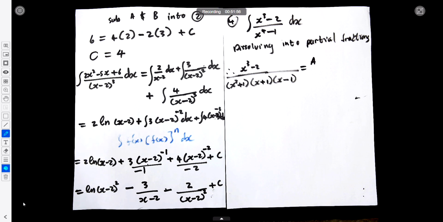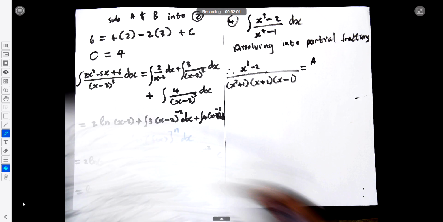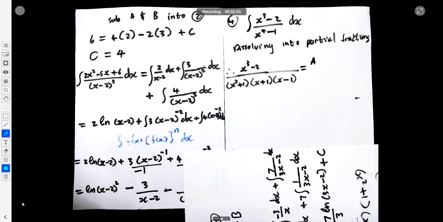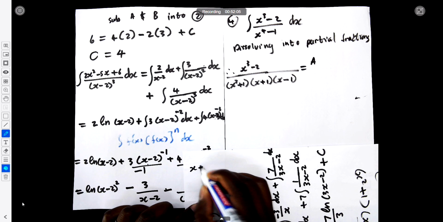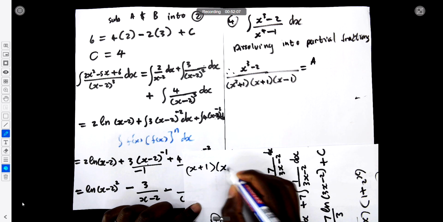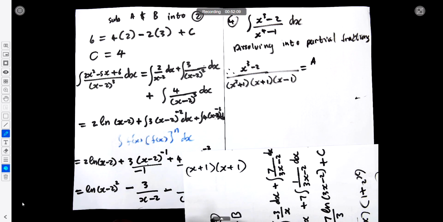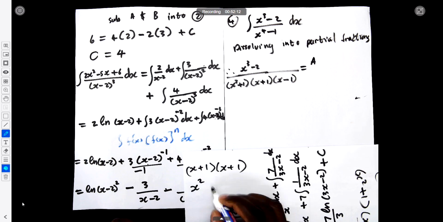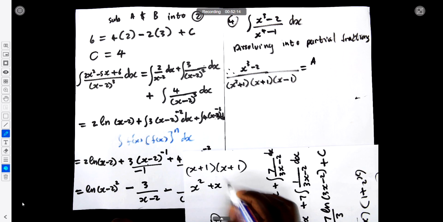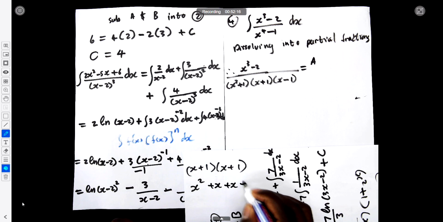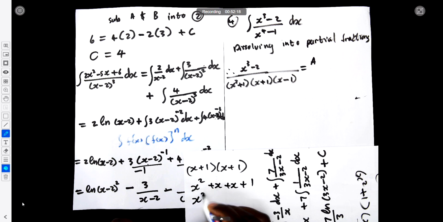Don't even think of x plus 1 and x minus 1. I know through experience, I once saw some students start doing this and say it's x plus 1 and x plus 1, which is wrong. When you multiply out, you'll have x squared, the middle term is x plus x, which gives you 2x, plus 1.